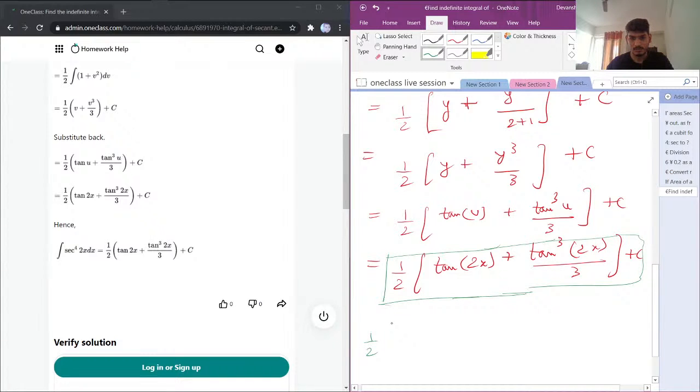So 1 by 2, if I differentiate, the tangent will be secant square and then 2 times 2x plus tangent cube over 3, then tangent square will be... okay, so tangent cube, then tangent will be secant and it should be secant square, it will be secant power 4.